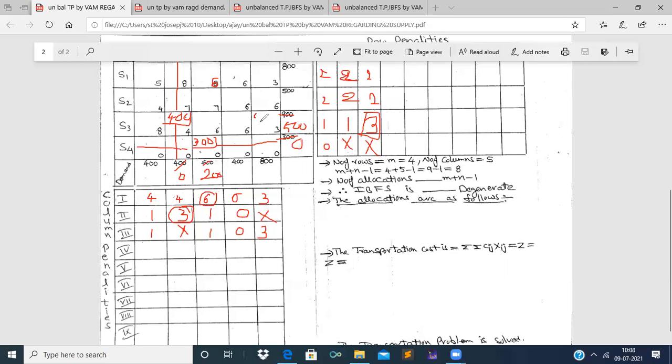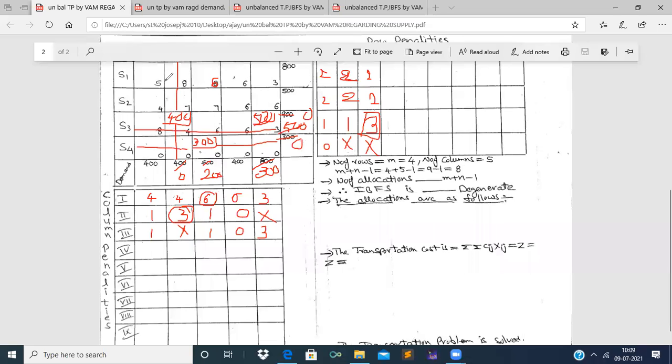Therefore, I allocate the least value, that is 500. So now 500 minus 500 is 0. 800 minus 500 is 300, right? Now I strike off this row. Why? Because the row availability is exhausted.